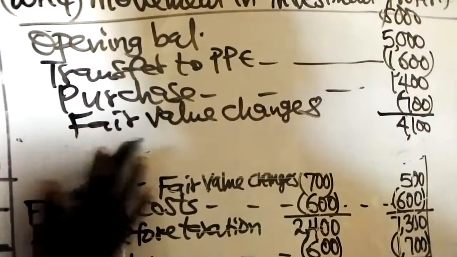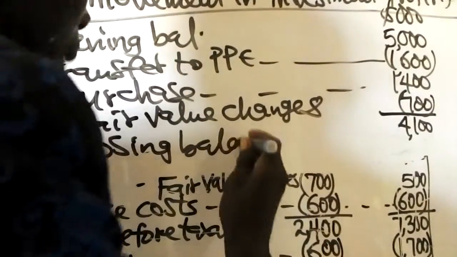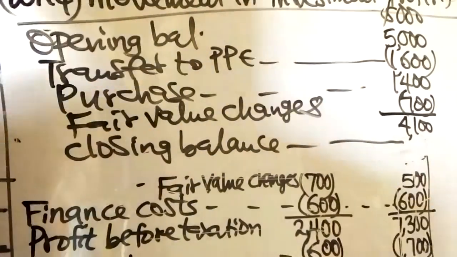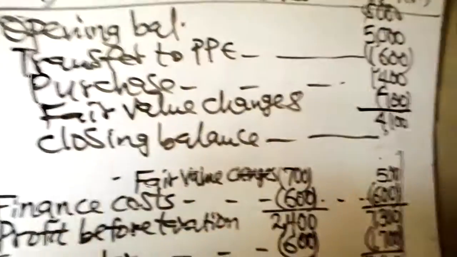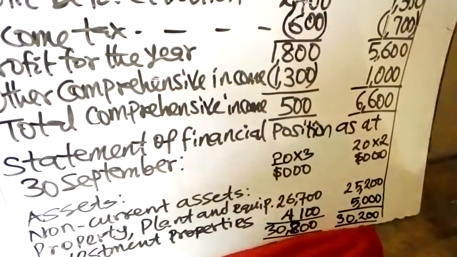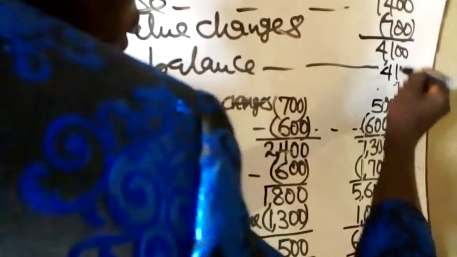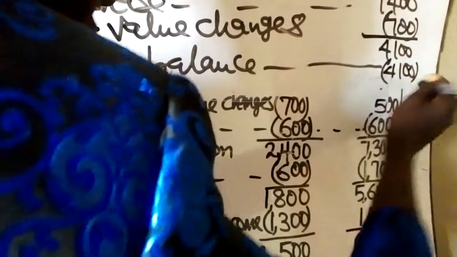Closing balance of investment property. The closing balance is equally given to be 4,100. So now the difference will be nil.